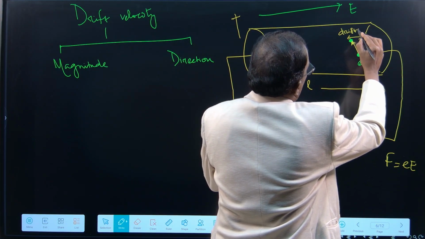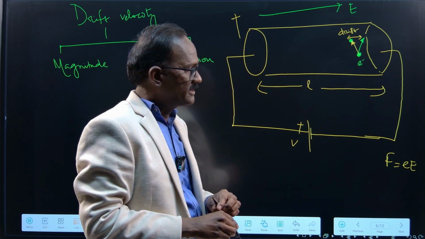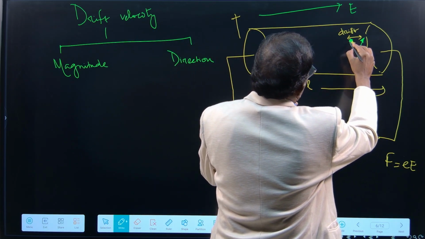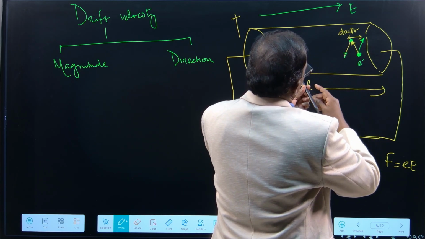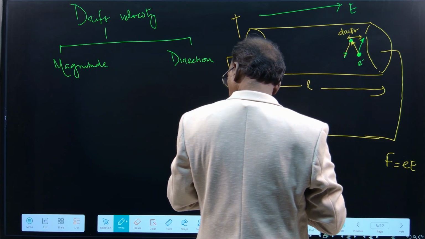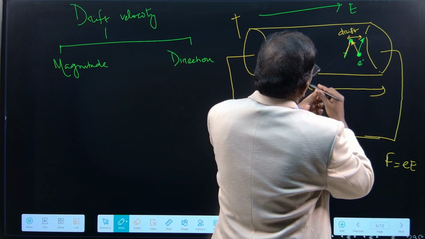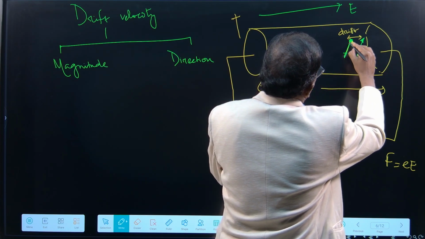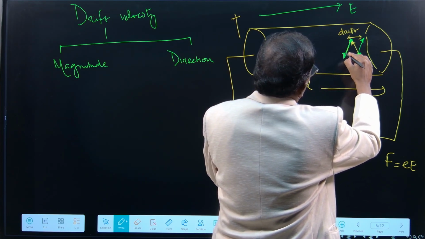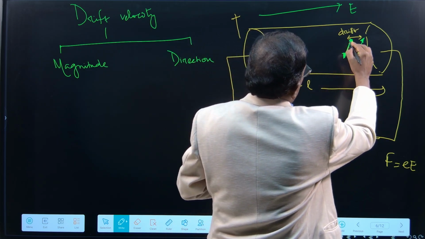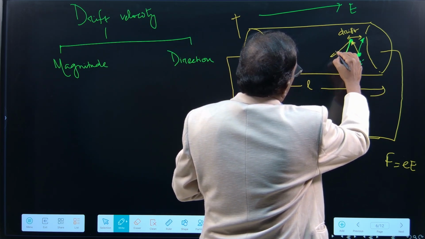Now the electron is available here. Next, assume it goes in this direction. Let me draw a green line. But the E field will pull the electrons this way.